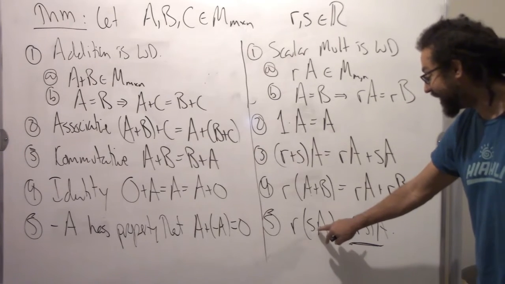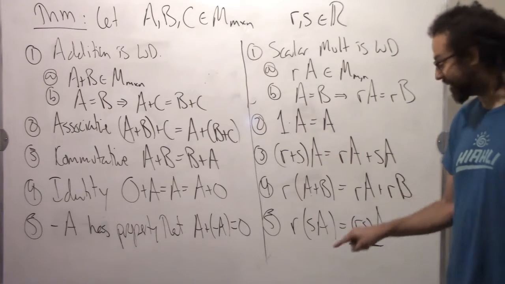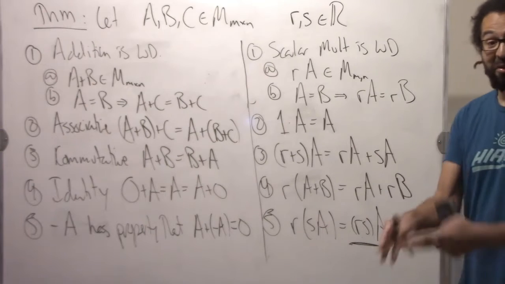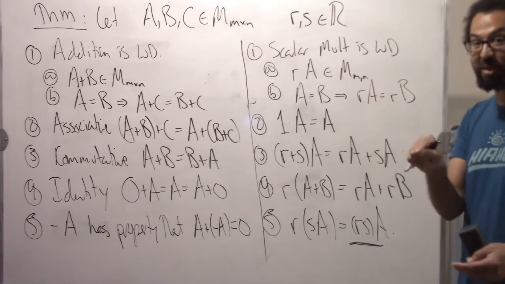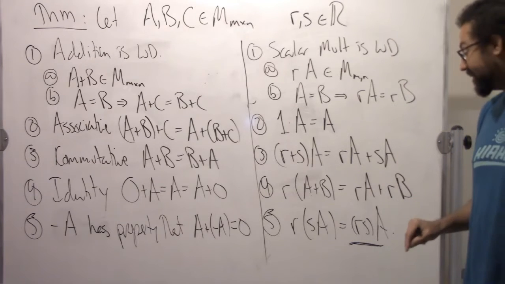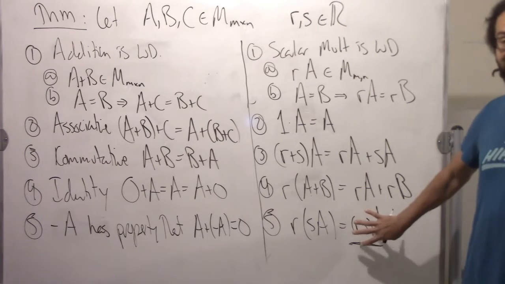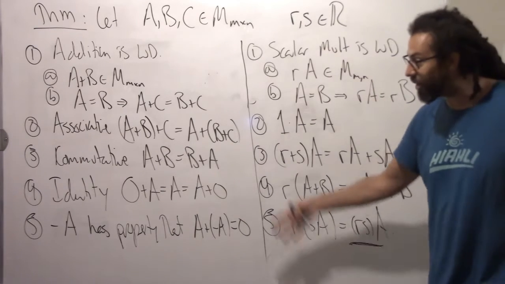Right here you need to hit all of the entries of A by S, all of the entries, and then hit all of the entries by R. Or you could just multiply R and S together first and then hit all of the entries with the product. So it seems like this thing might have fewer computations to carry out than this thing. So that might be why these are useful.